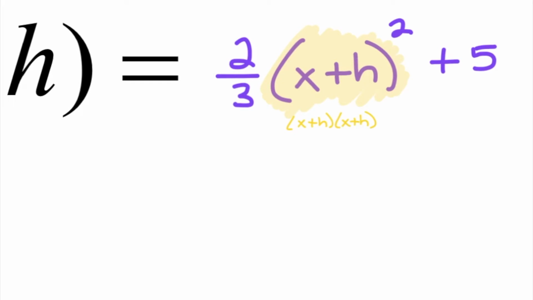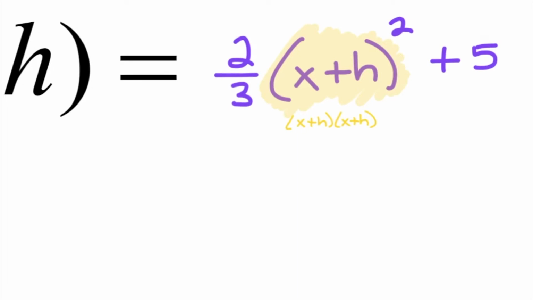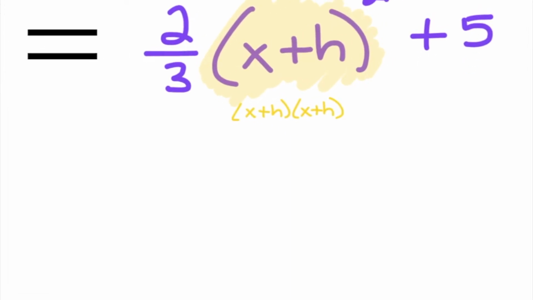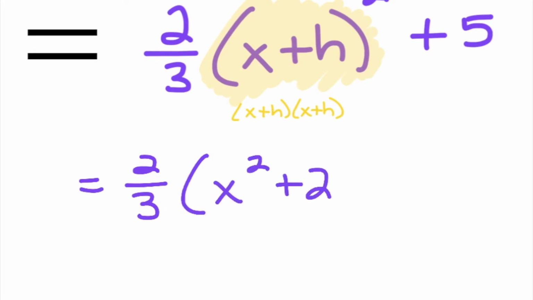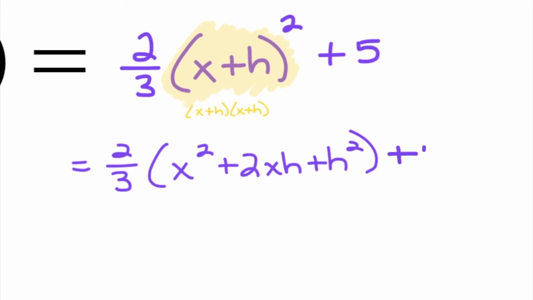Take a minute, real quick, pause the video, make sure that you can FOIL x plus h times x plus h, and then what you should get is 2/3 times x squared plus 2xh plus h squared, close the parentheses, plus 5.